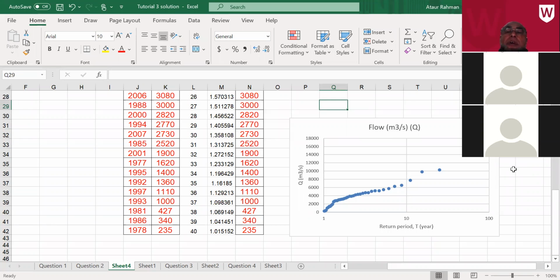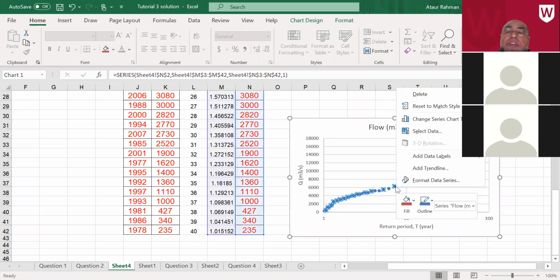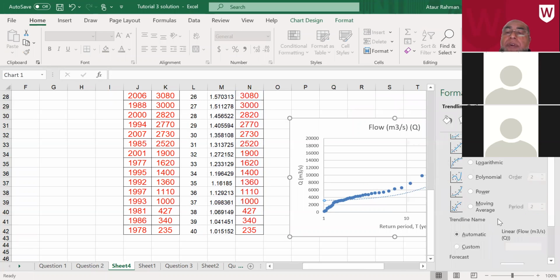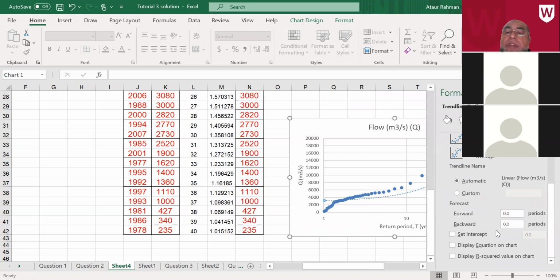Okay, so now we can fit a regression line here. Generally, we have to draw the best fit line, but we can do some regression like this. We can select the data and then add a trend line, select linear here, and then display the equation of the chart and display R square of the chart.